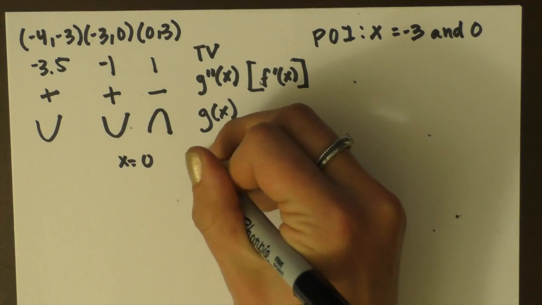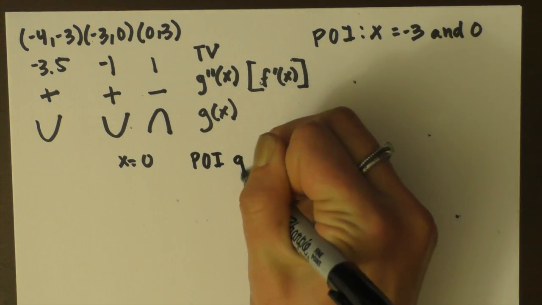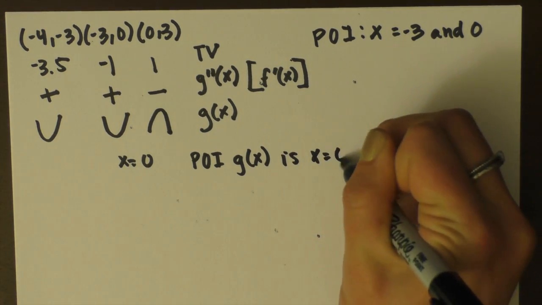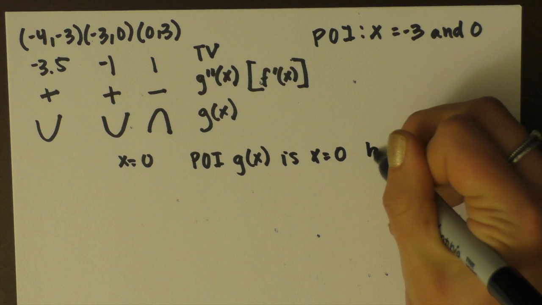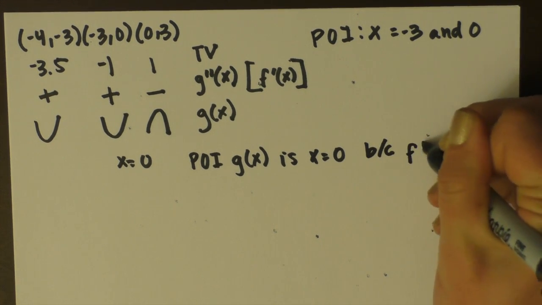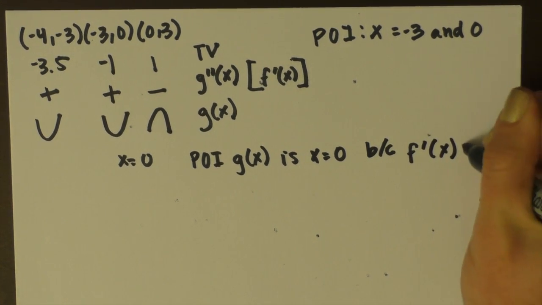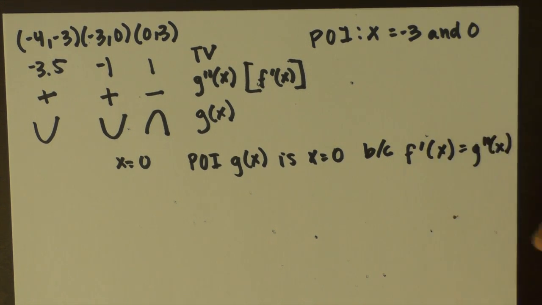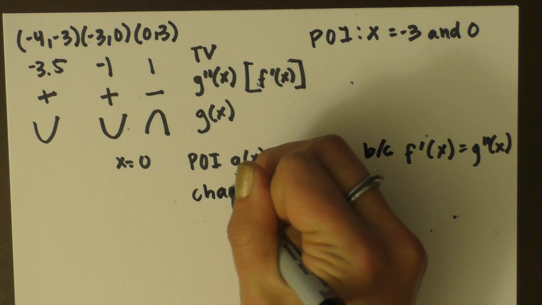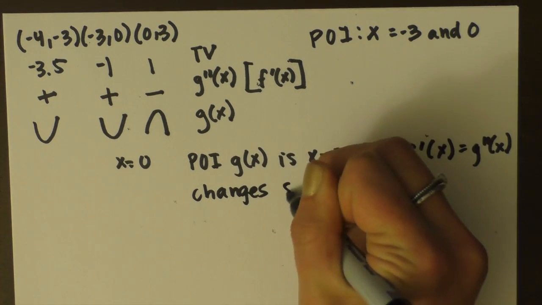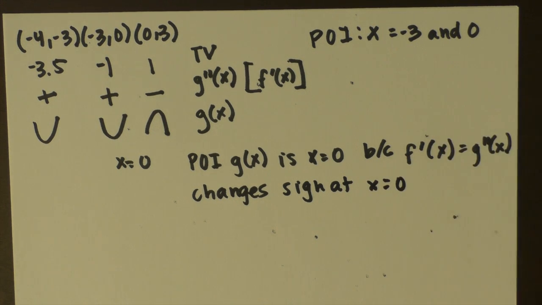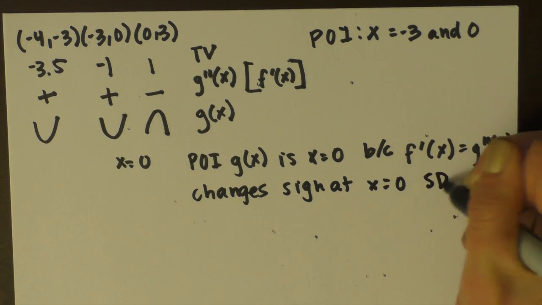So our point of inflection for g is x equals 0 because f'(x), which is equal to g''(x), changes sign at x equals 0 in the second derivative test.